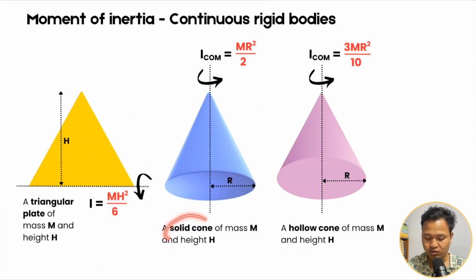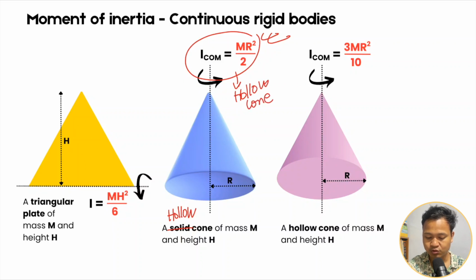Next, a cone. For a hollow cone you have mr square by 2. For a solid cone it is 3 mr square by 10.